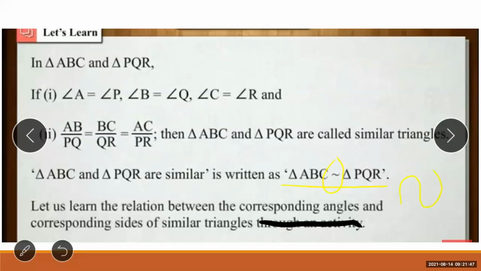Now let's learn the relation between corresponding angles and corresponding sides of similar triangles. What is the relation between the pairs of congruent angles and the ratio of corresponding sides?